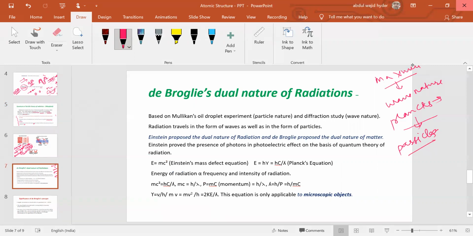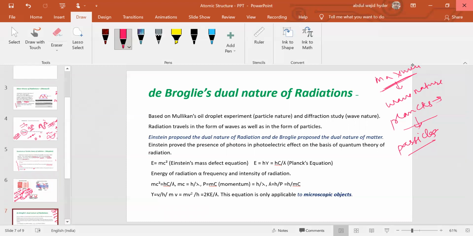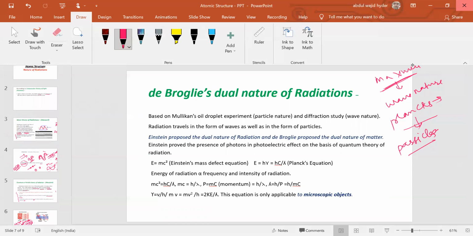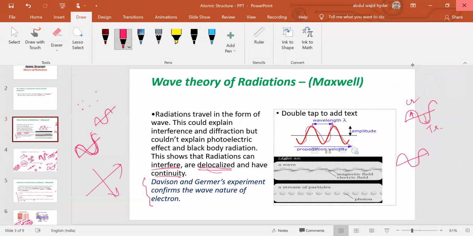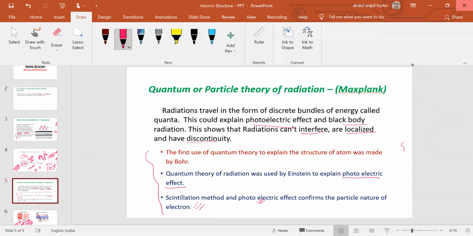This could explain interference and diffraction, but could not explain photoelectric effect and black body radiation. This can explain photoelectric effect and black body radiation.